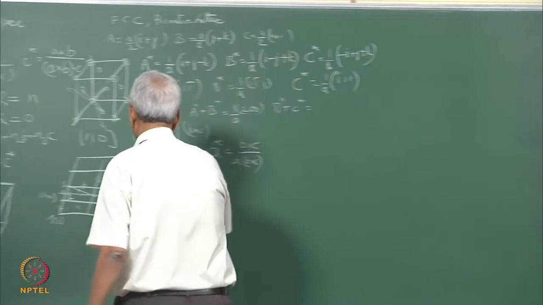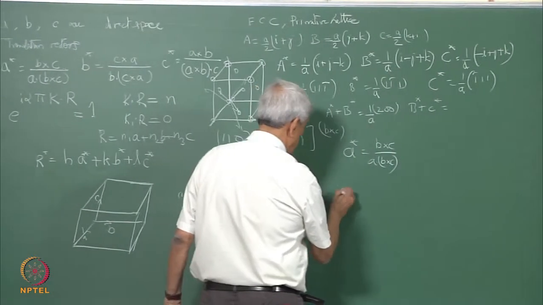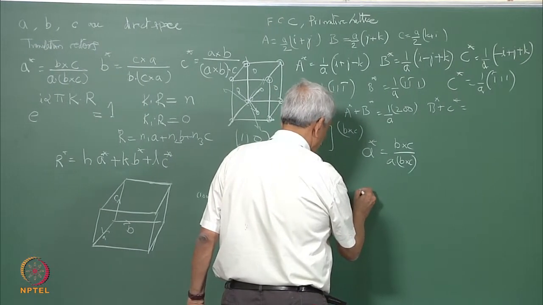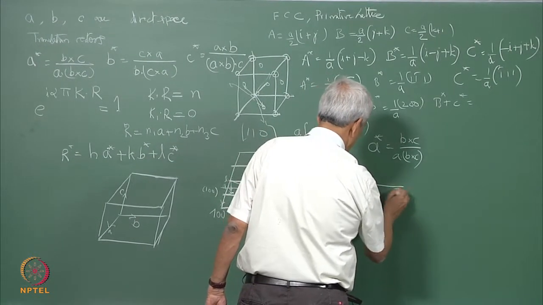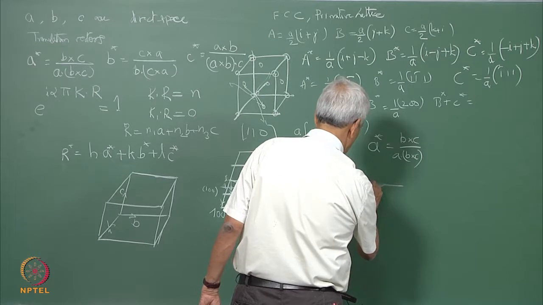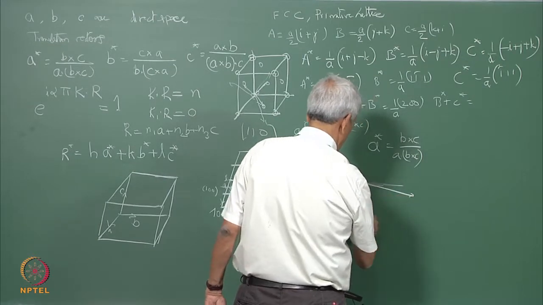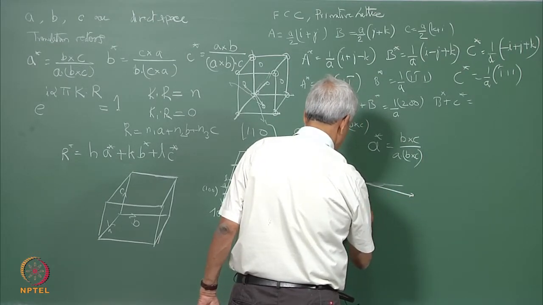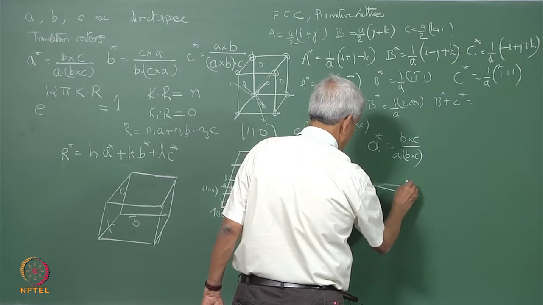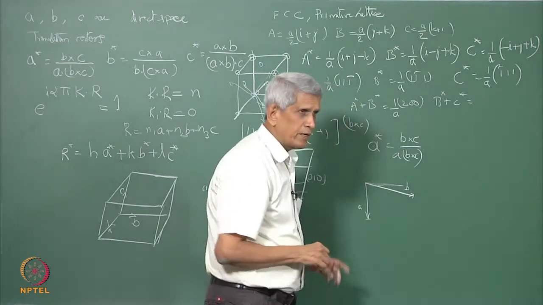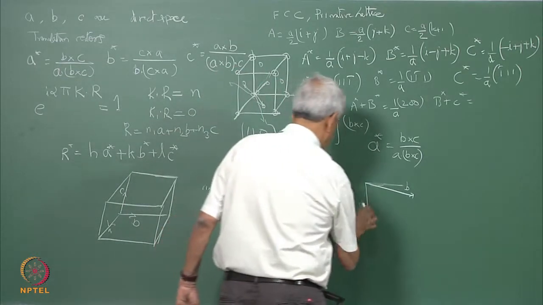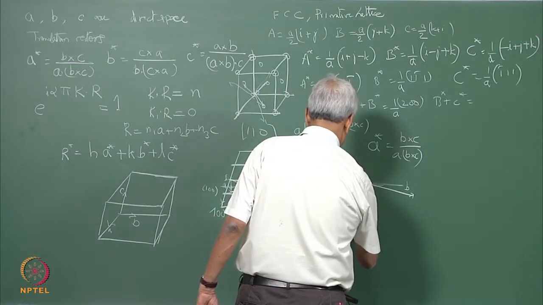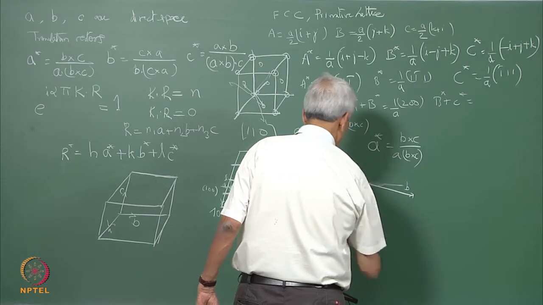Essentially what we have to do is, with respect to that same origin, find out the vector. Suppose this distance is A and this distance is B, not B, I will write this as d100.